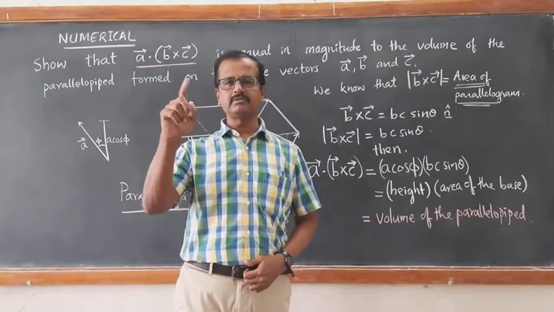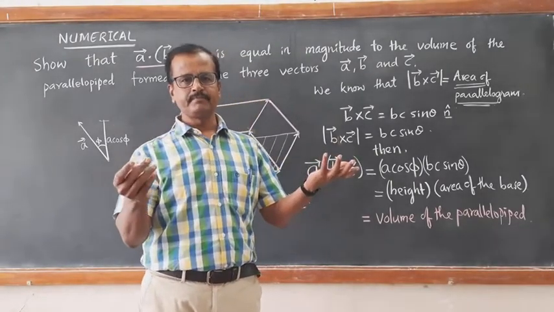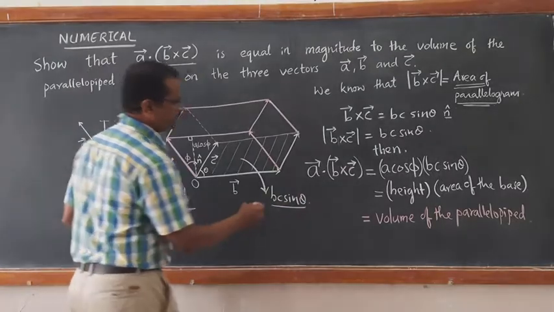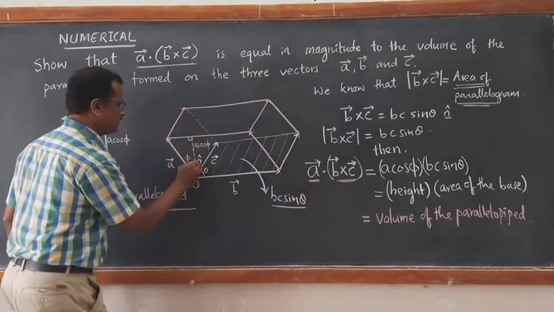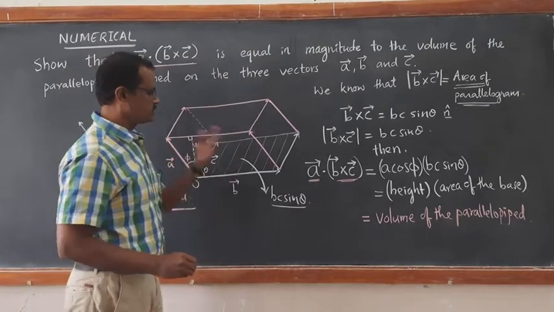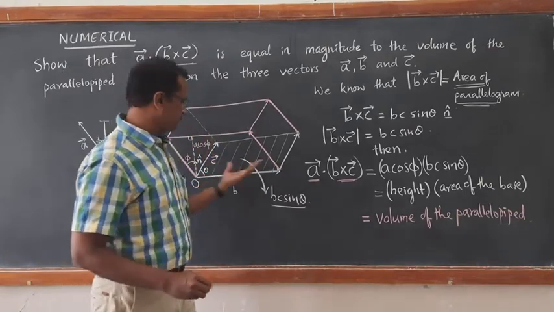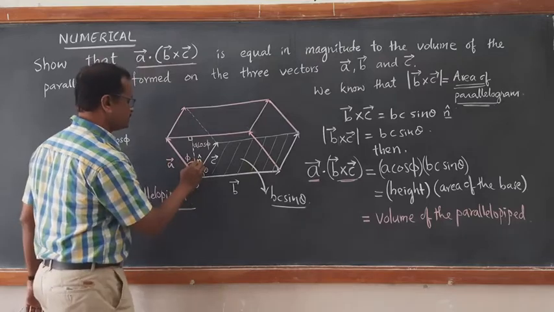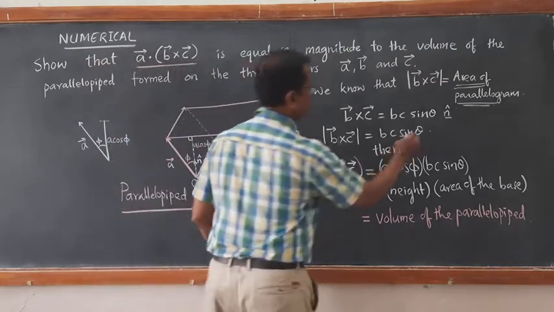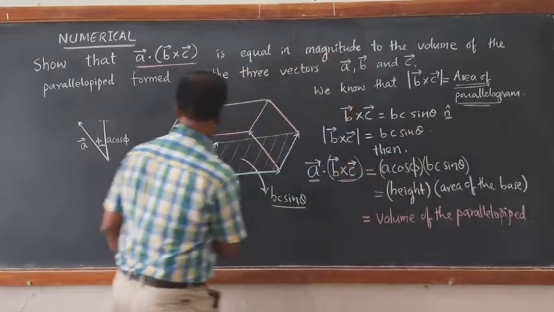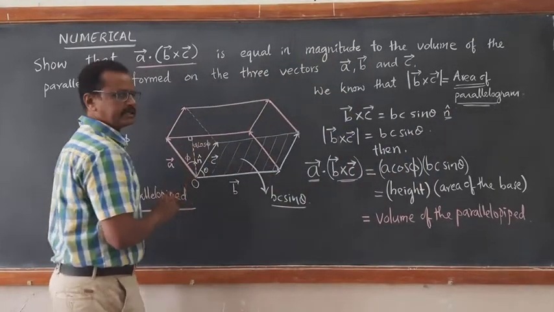Vector A dot vector B is equal to AB cos phi, where the angle between B cross C and A is phi. So B cross C magnitude is area, and the direction is given by this unit vector. So this is the direction of B cross C vector.